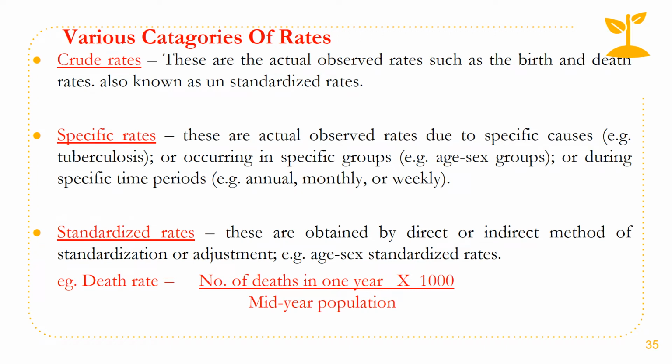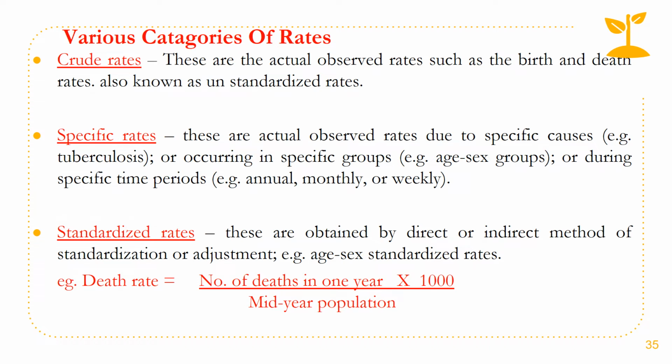Various categories of rates: crude rates, specific rates, and standardized rates. Crude rates are the actual observed rates, such as birth and death rates, also known as unstandardized rates. Specific rates are actual observed rates due to specific causes, for example tuberculosis occurring in specific age groups.